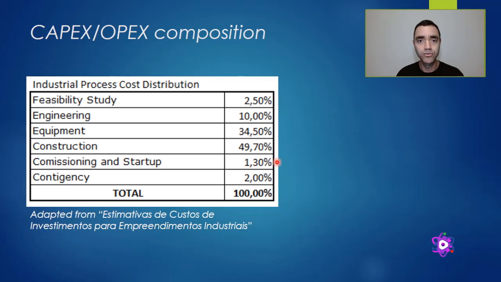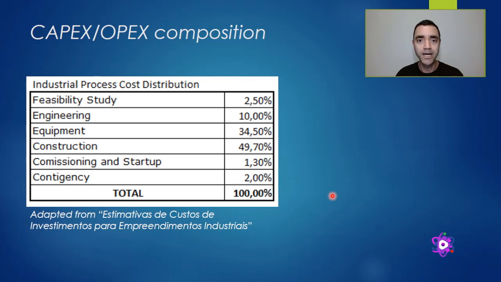It's around 0 to 2%, and based on that, I will fill the cost summary to have a distribution similar to that. It will not be equal to that, but it will be similar to that. I expect that I will spend more money with the equipment and construction than with engineering and commissioning, for instance.